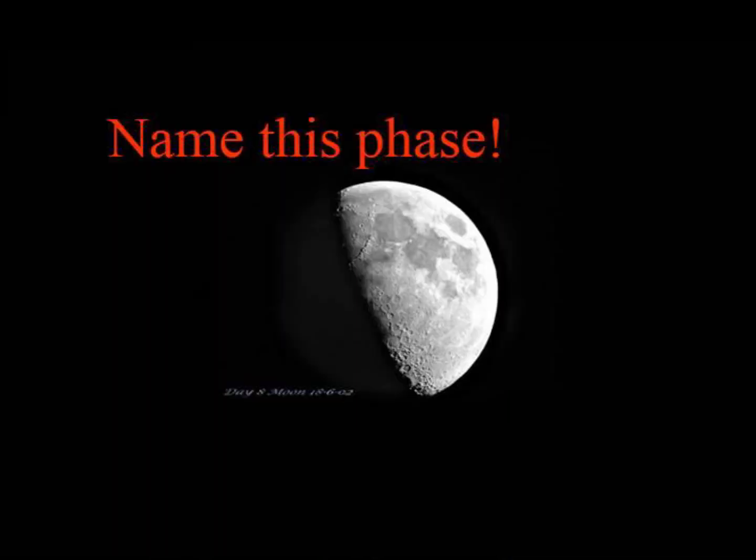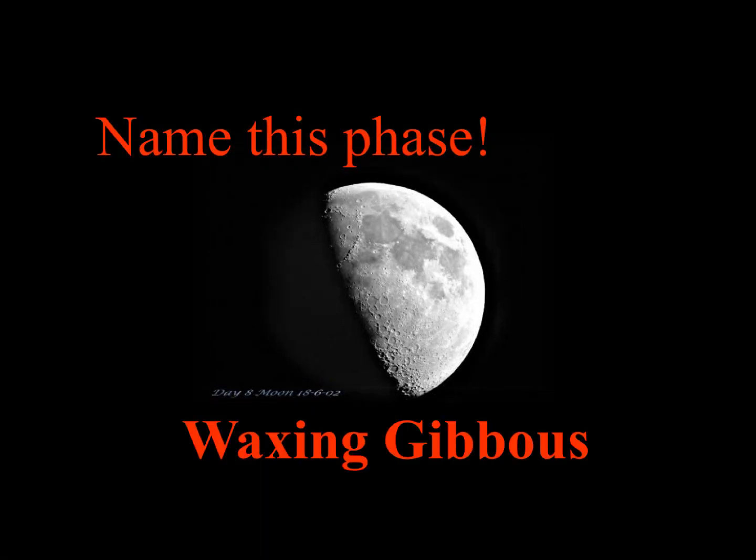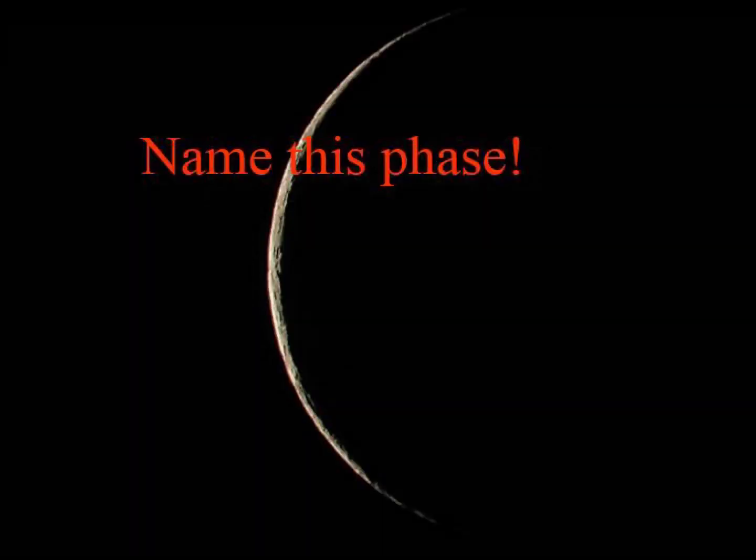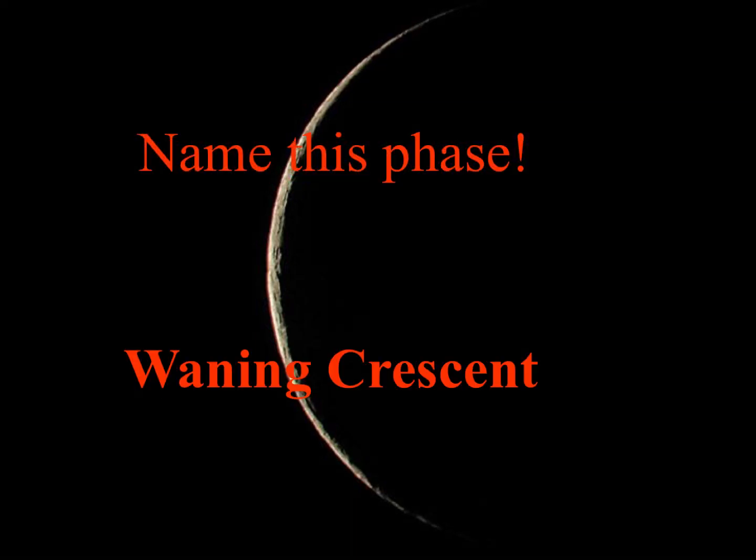What about this phase? Lit on the right side, slightly more than half? This is a waxing gibbous. And this one? Tiny skinny banana of light on the left? This is definitely a crescent, specifically a waning crescent, since we're almost back to new moon, lit on the left.